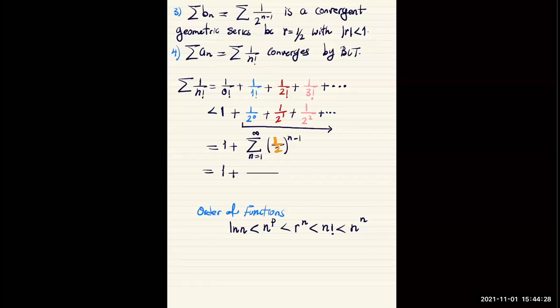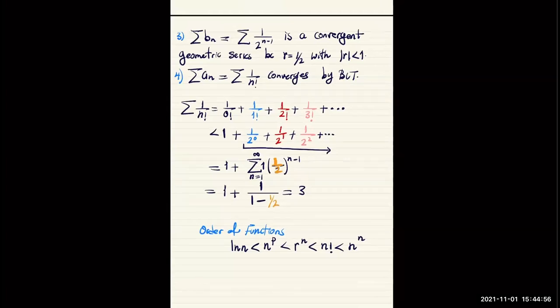Just imagine there's a 1 right there. So the sum is going to be 1 over 1 minus the common ratio, which is 1/2. If you evaluate this whole thing, this is going to be 2. 1 plus that is equal to 3.